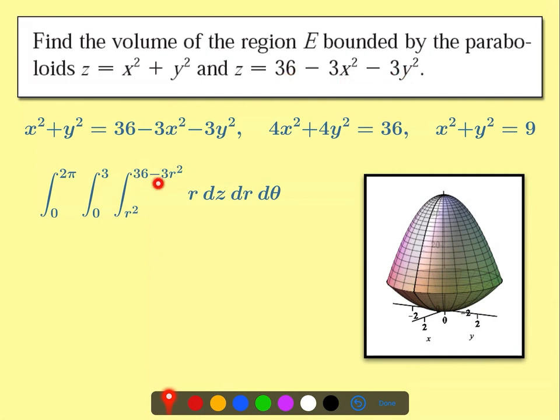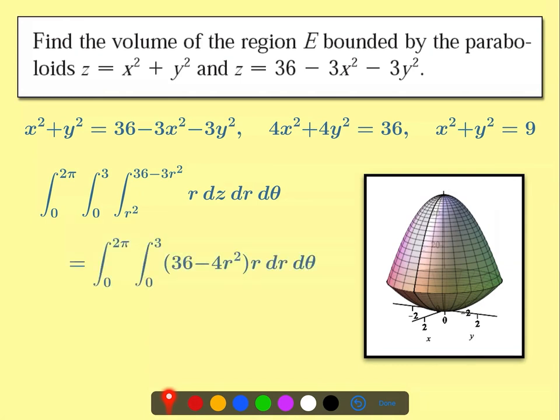So that's where this comes from. That's just rewriting this in polar or cylindrical coordinates. So we get 36 minus 3r squared for the top one. Z equals that in terms of r and theta. So that's really all there is to setting this up.